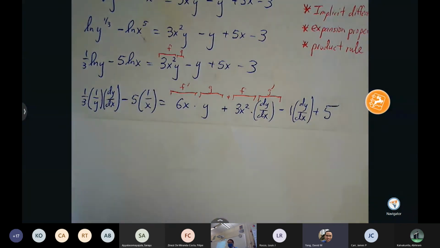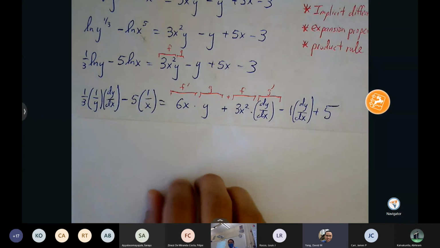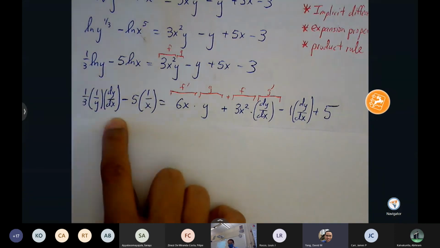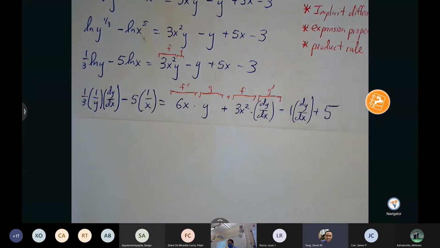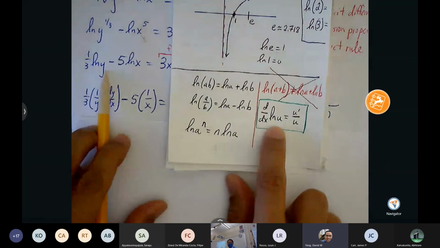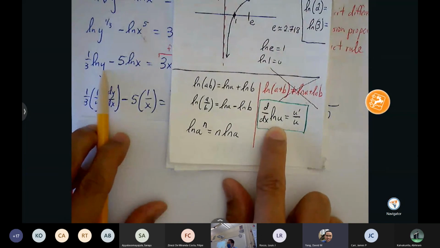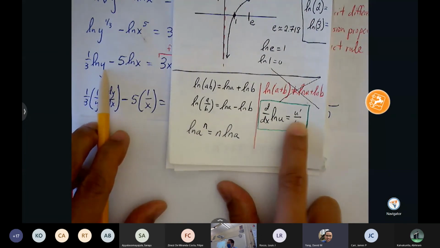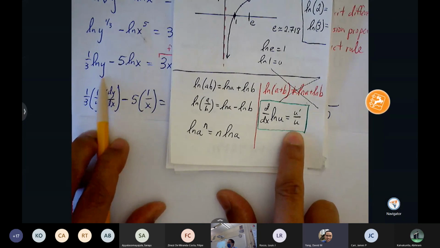Where do you get the 1 over y? The 1 over y came from my rule for natural log. So think of y as your u value. The derivative of y is 1, so 1 over y.